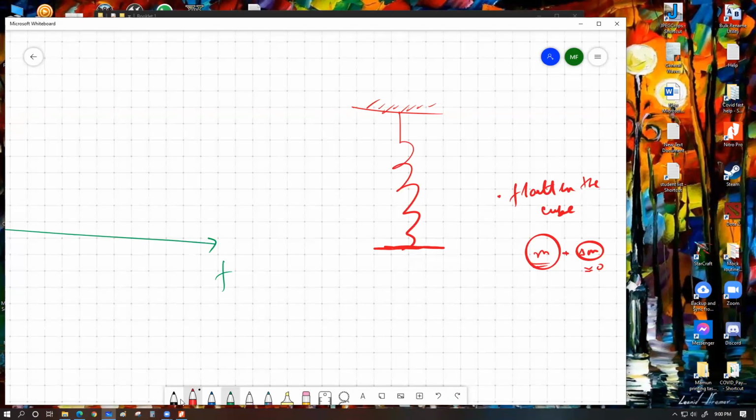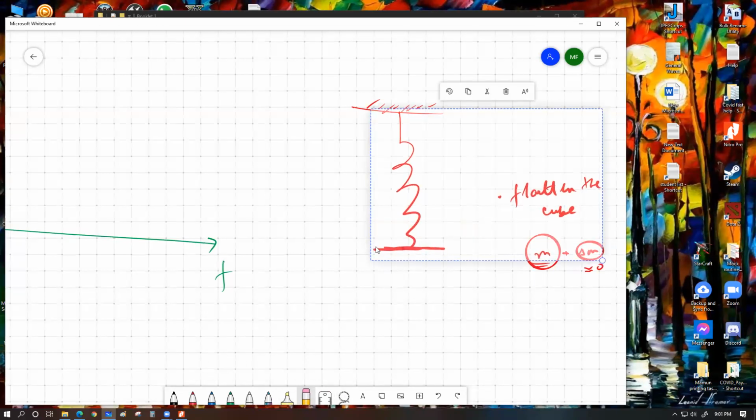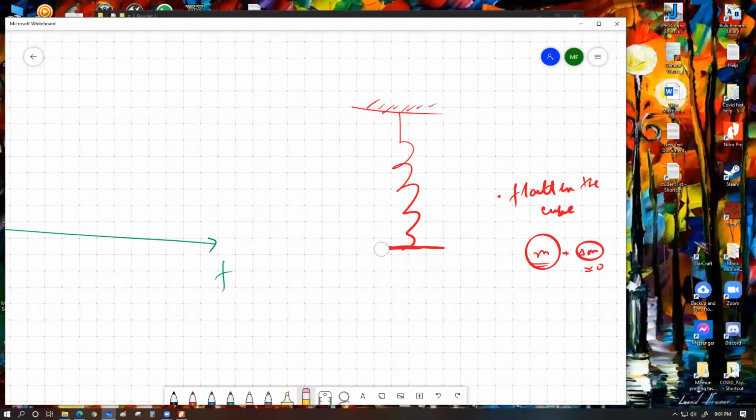Let's say we have the same initial block of metal mass, which is over here, and in this scenario we can introduce some large surface, let's say by attaching a paper cardboard.